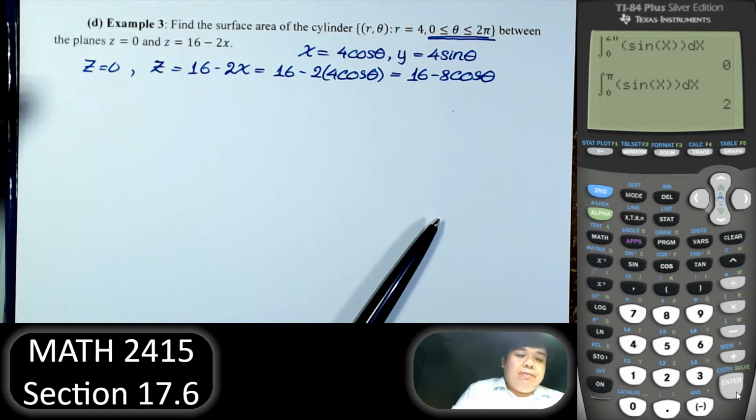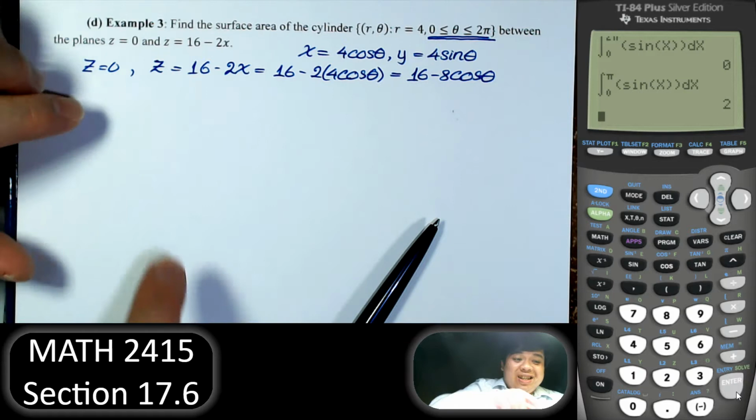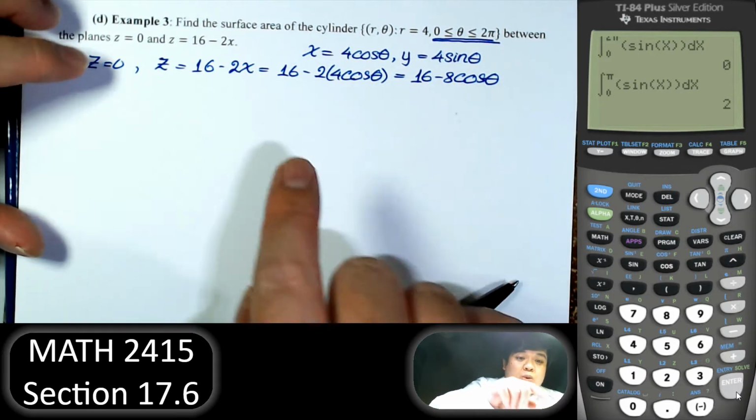And remember, this is z. This is not z equal to that. We're talking about the surface.